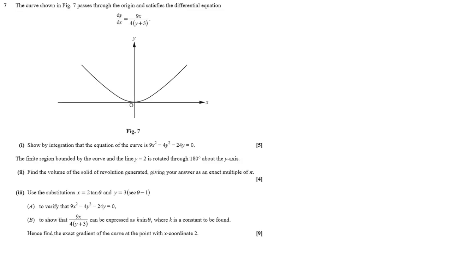So in order to find this equation, we must integrate. Let's do the separation of variables: (y + 3) dy is equal to 9/4 x dx. Add in the integrals and start doing it.